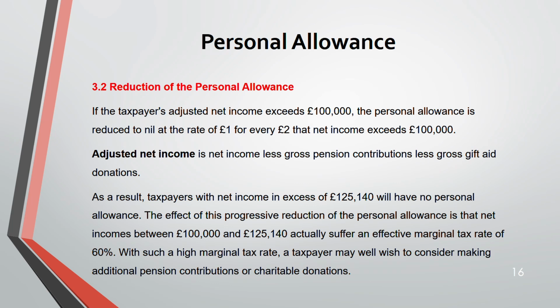Let's say if a taxpayer has a net income of more than 125,140, your personal allowance is nil. Okay. So effect of this progressive reduction means if your net income is between 100,000 and 125,140, your personal allowance will start falling off. Okay, you will suffer an effective marginal tax rate of 60%.